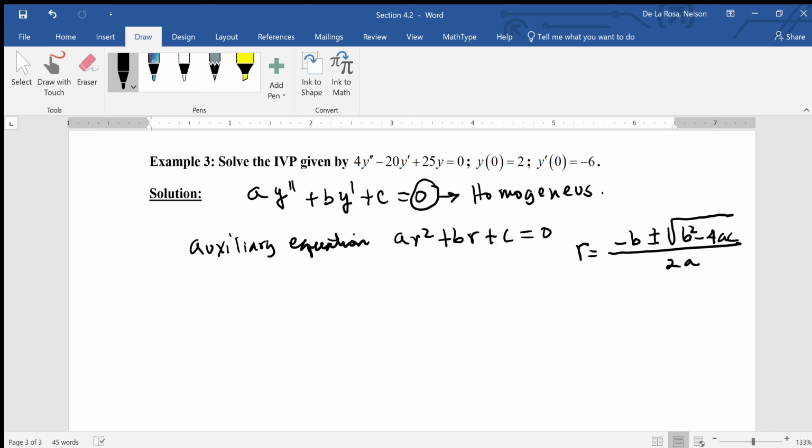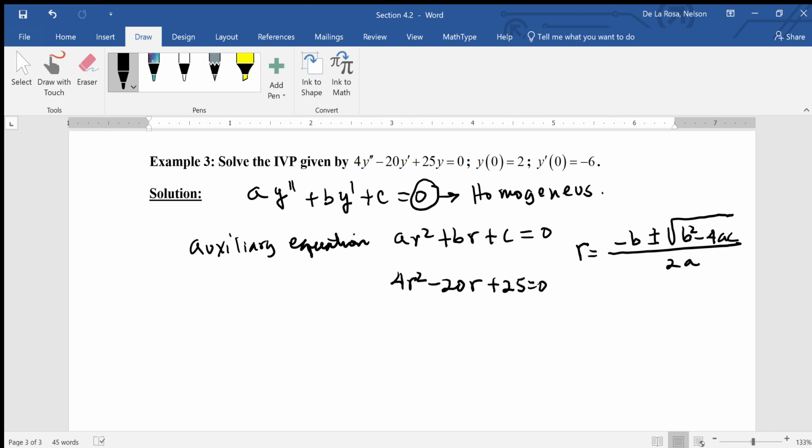Now in this particular example, the equation is 4r squared minus 20r plus 25 equal to 0. So you can solve this equation using the quadratic formula, but not necessarily, because this one in particular can be factored.